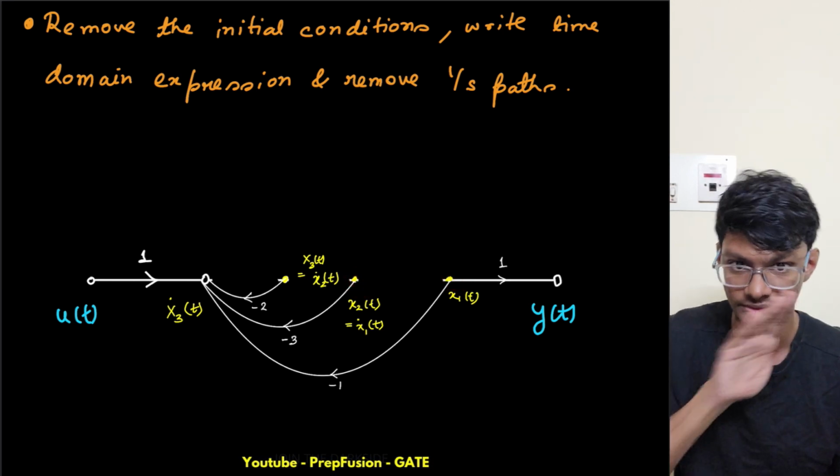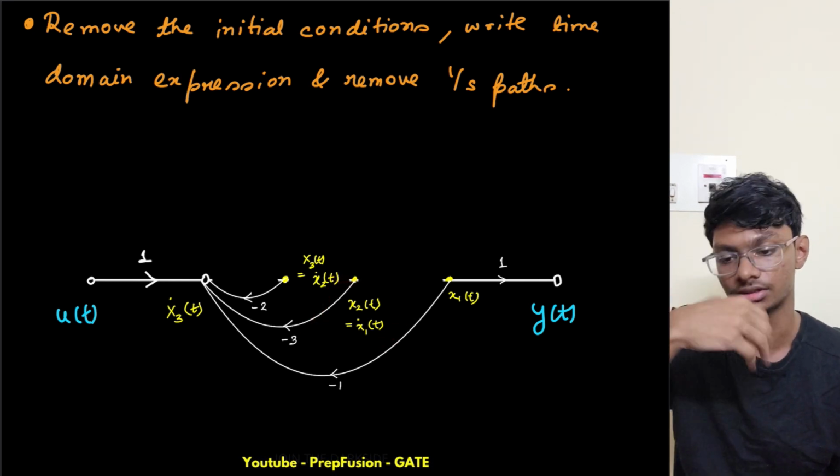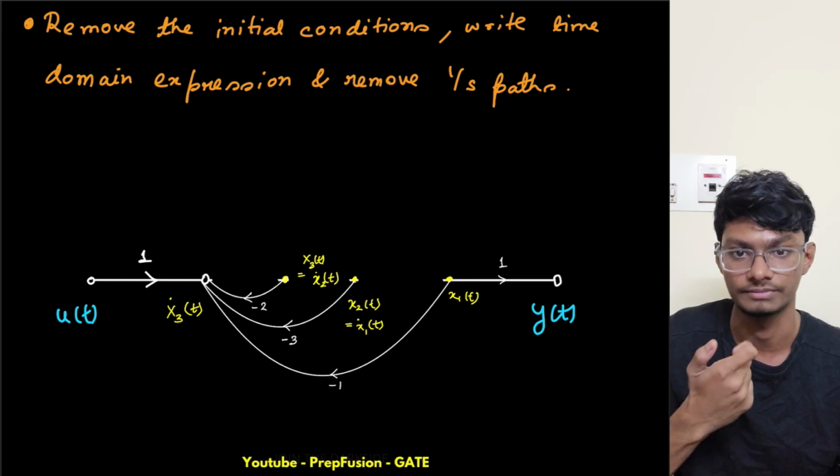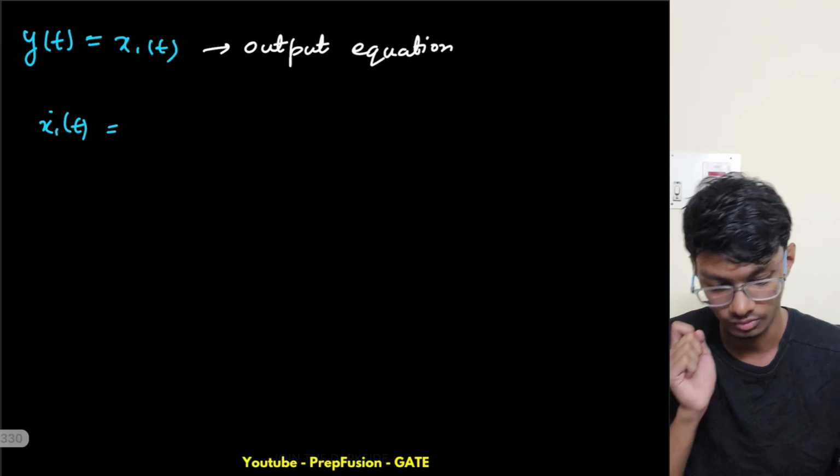So now I can simply write that x1 dot of t equals x2 of t. That is very simple, but in the next question we will see what our problem will be if I simply write like this.